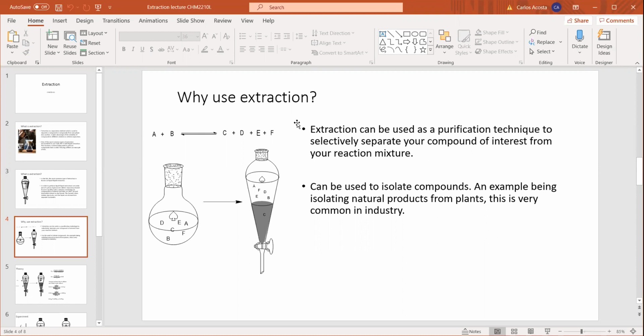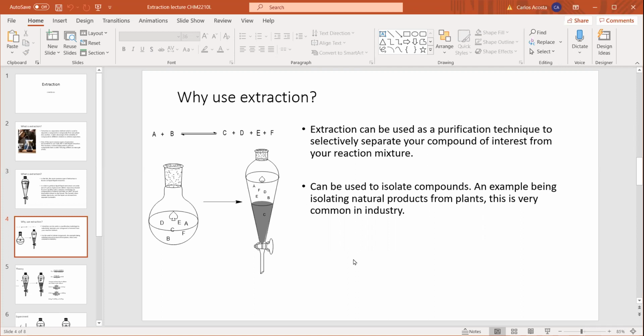So what we do is once our reaction is finished and we have a reaction mixture filled with the compound we want, but also filled with a bunch of impurities, we pour that into a separatory funnel. We then add a second solvent. So let's pretend the first solvent was the white one here, and the second solvent is the gray. So we add the second solvent, which is immiscible with the first white one.